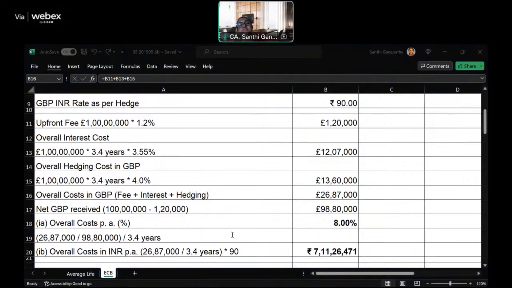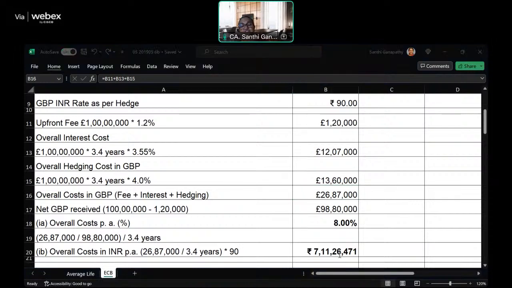Calculate the overall cost both in percentage and rupee terms on an annual basis. We have done. We have found overall cost in percentage terms, that is 8%, and also in rupee terms. Both are over.